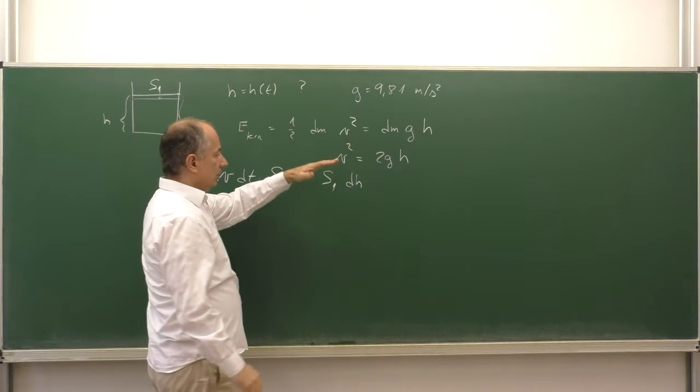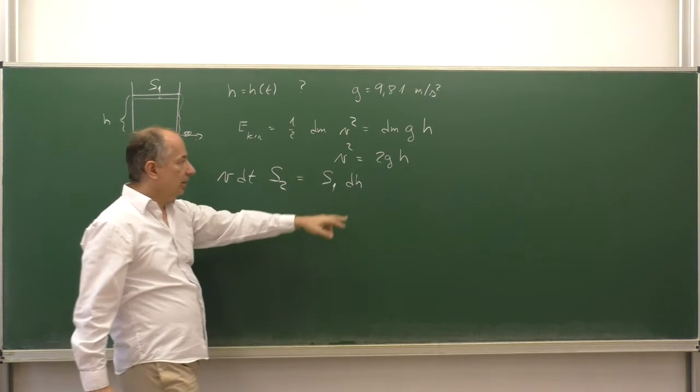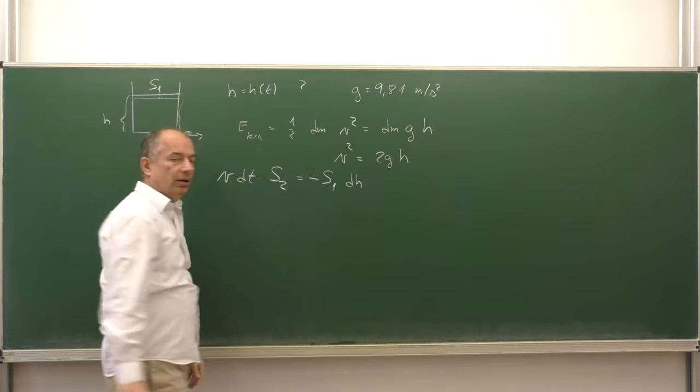But as h goes down, dh is negative, so we write minus.